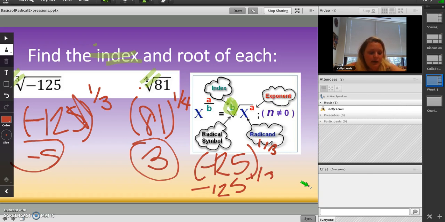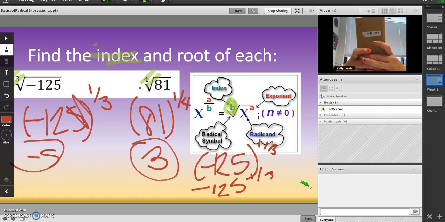You also need to keep in mind that when you type it in your calculator, for that 1/3 or the 1/2 or the 1/4, you need to put parentheses around that fraction.